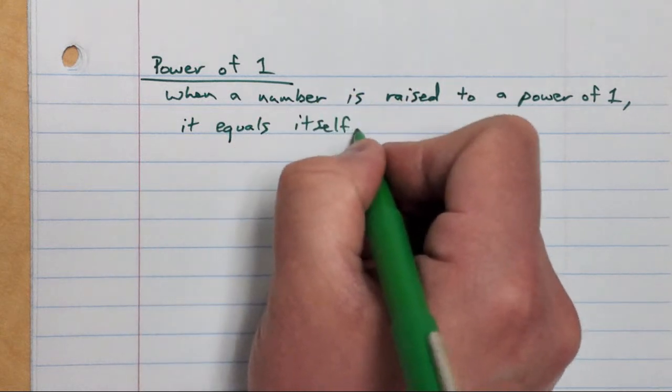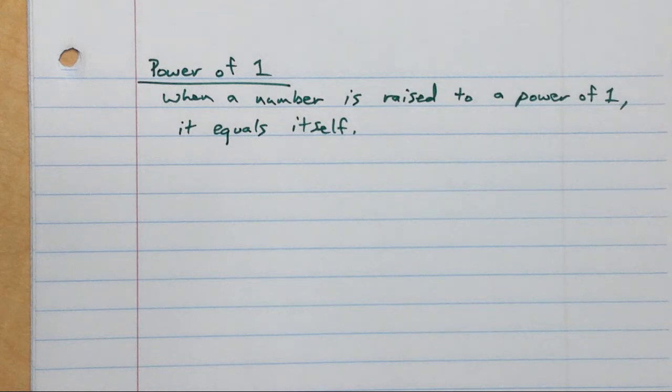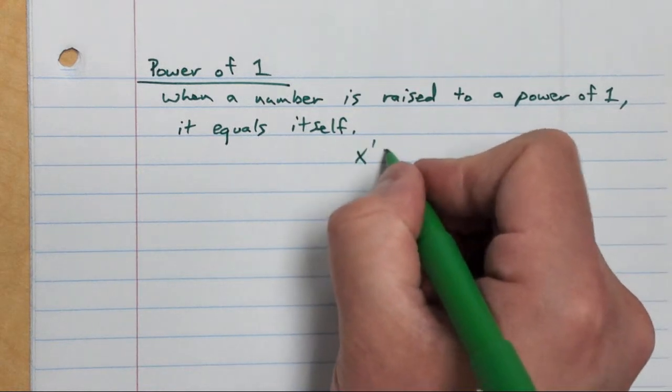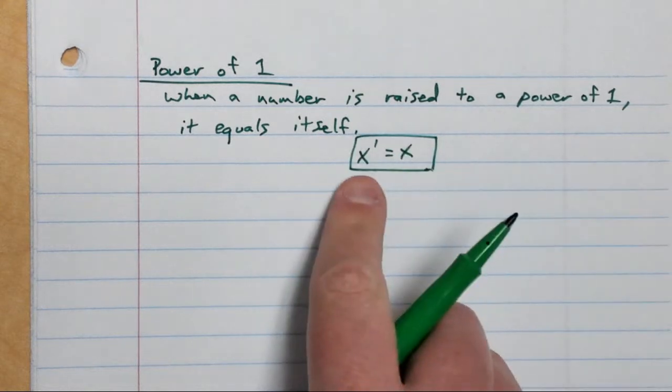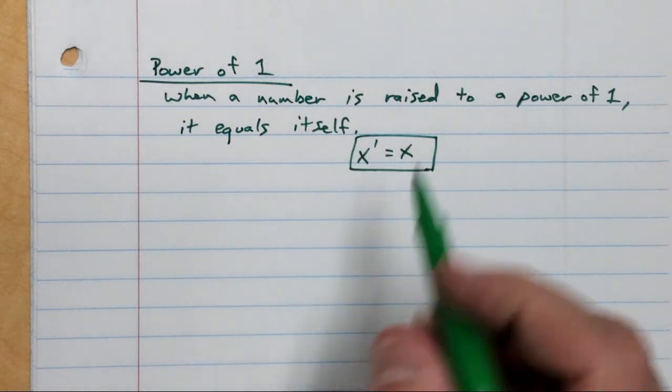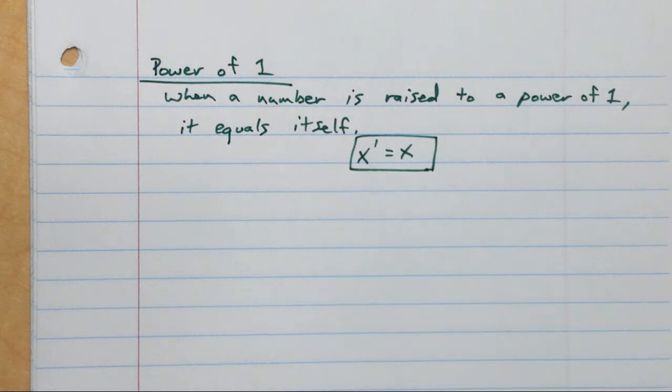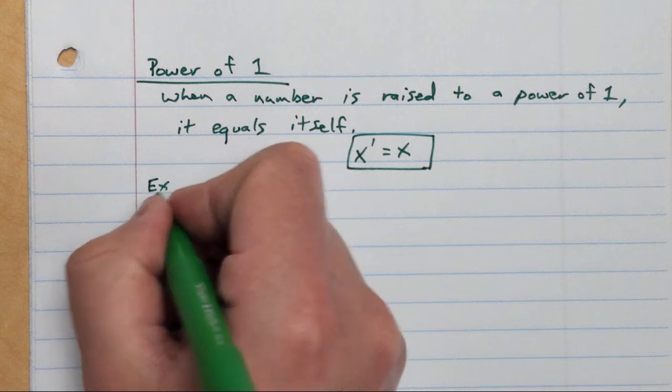So this is the rule of thumb on this problem. I'm going to write down x to the 1 equals x. So I'm raising the variable x to the power of 1, and so the answer is going to be just x. I'll give a couple examples here to give this in more detail.